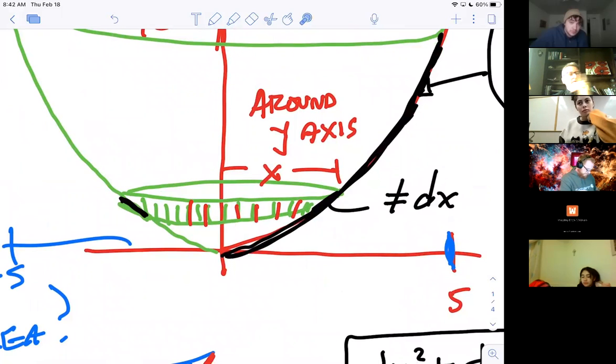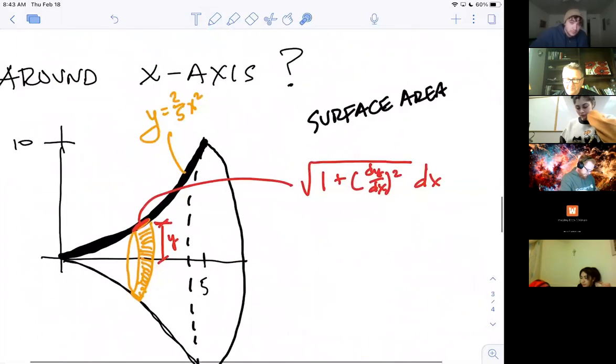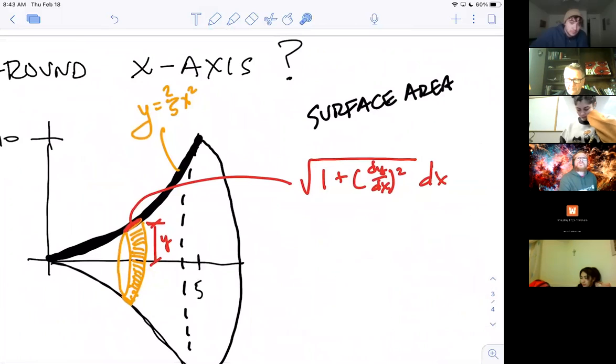So when I spun it around the y-axis, the radius was x. When I spun it around the x-axis, the radius is y. And again, when I slide this little slice up here, notice the radius is huge. The radius is big up here, it's medium-sized here, and it's teeny tiny down there. So you just need to see that as a coordinate. It's just a y coordinate. So there's the radius.